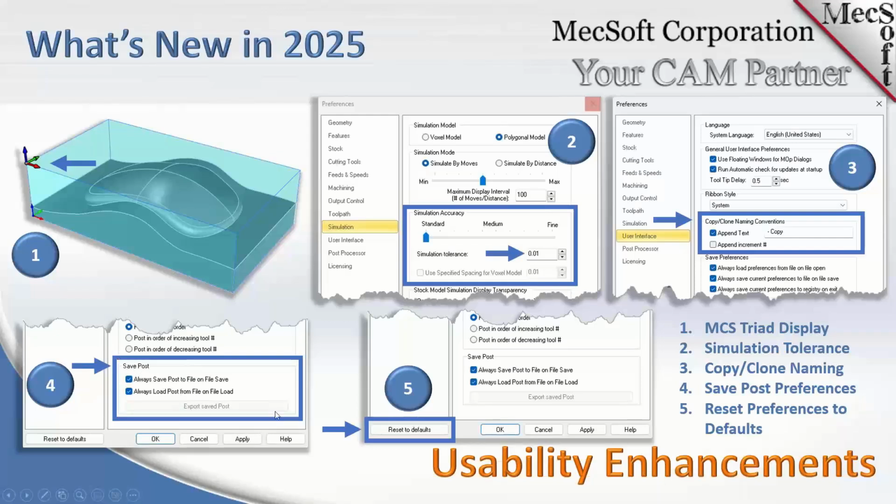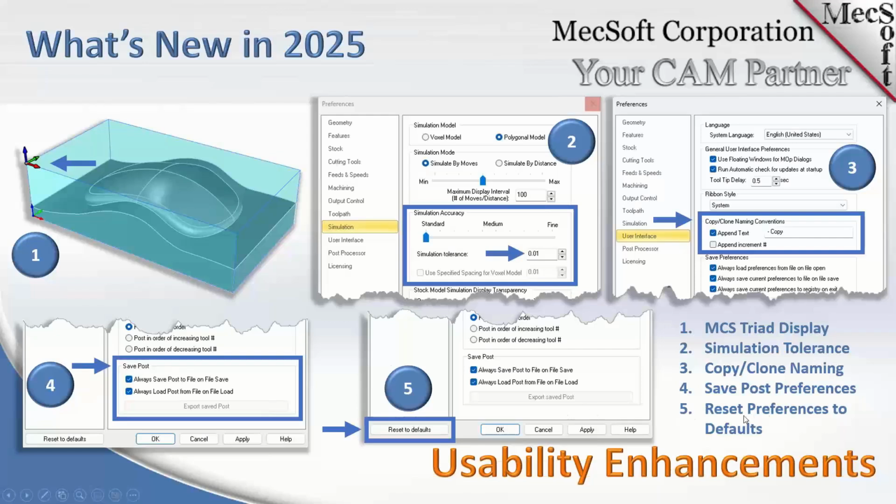Okay, so those are broken out separately now. And then just to retract here on number 3, this is the user interface tab of the CAM preferences dialog. Okay, so number 4 would be the save post preferences that we've broken out onto the post-processing tab of the CAM preferences dialog.